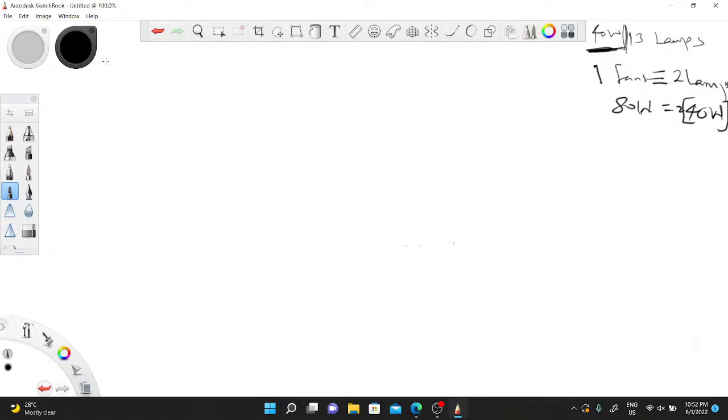So the number of circuits from fans and lamps.